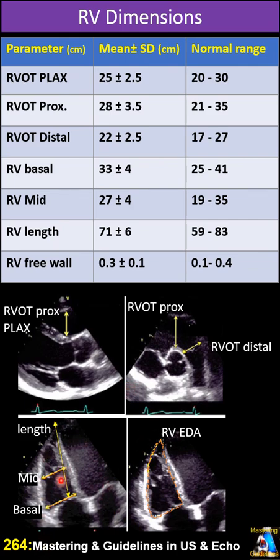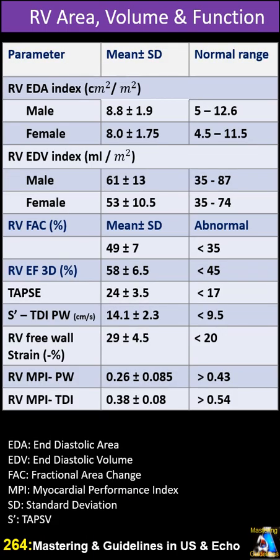Here we have diameter, basal, mid, and length, and here we have area of right ventricle and diastolic area. Here we have the normal values for the right ventricle area, volume, and function, including TAPSE, S prime, strain, and everything, myocardial performance index.